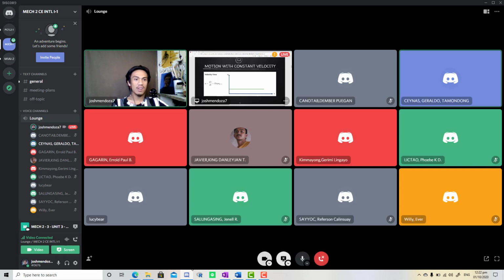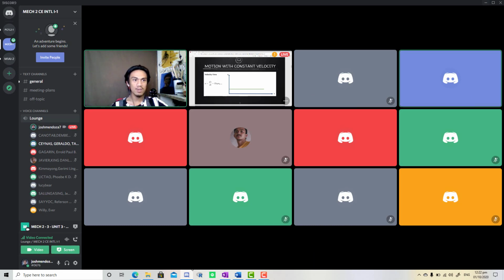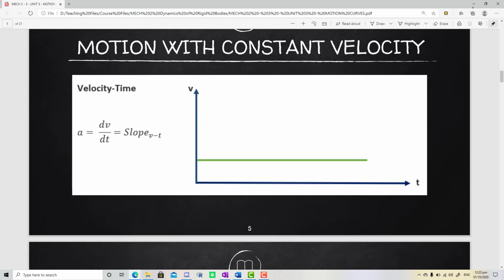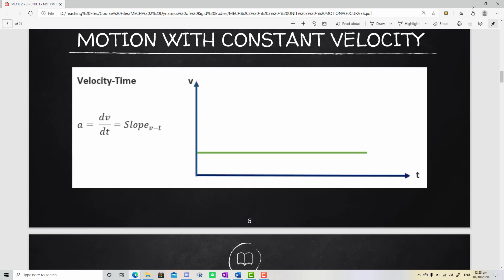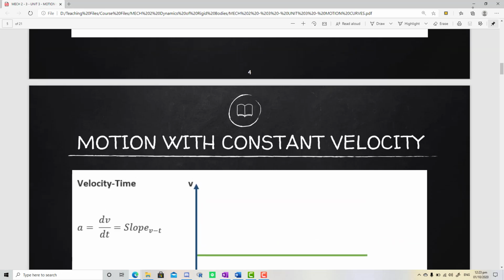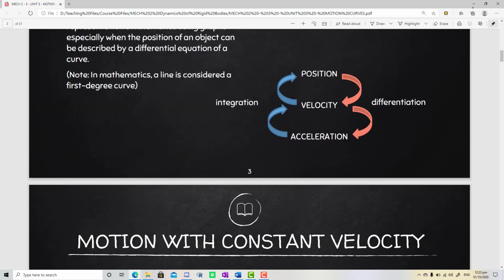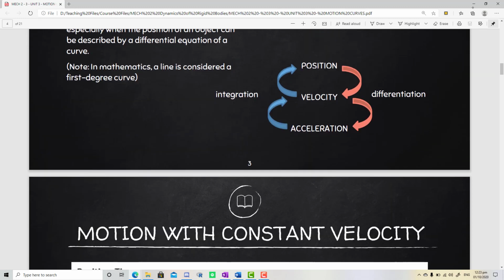From your differential calculus, the derivative of a constant is always 0. So if you take the derivative of this curve, you will arrive with the acceleration time. Because from position to velocity to acceleration, you are doing differentiation.